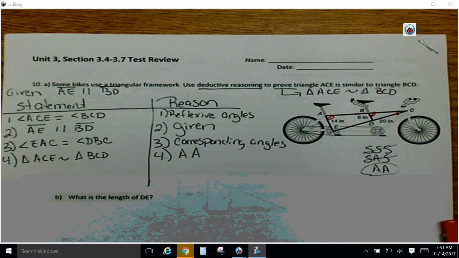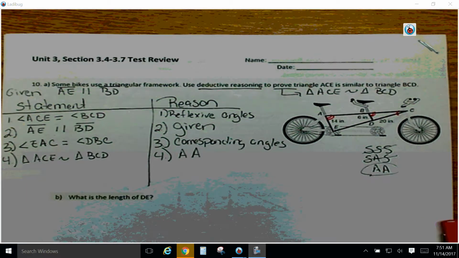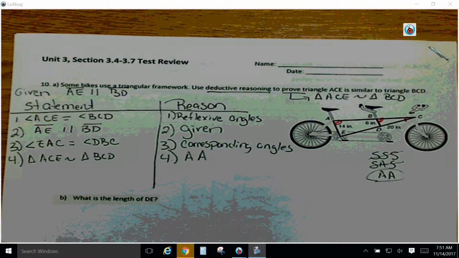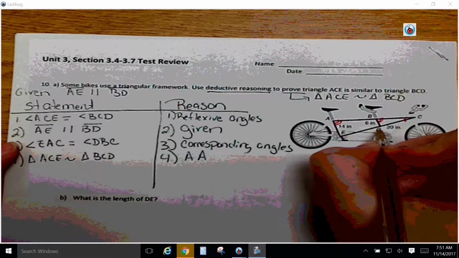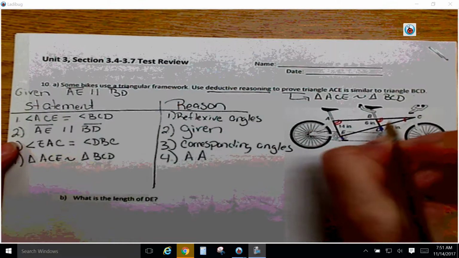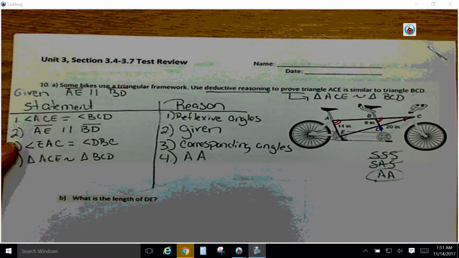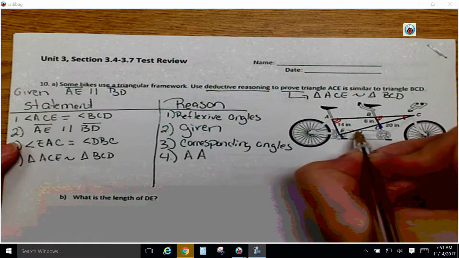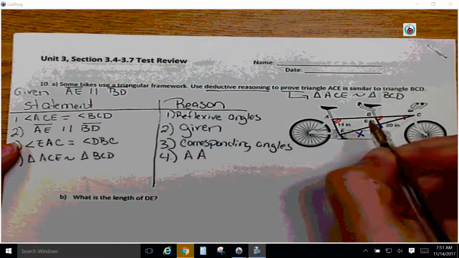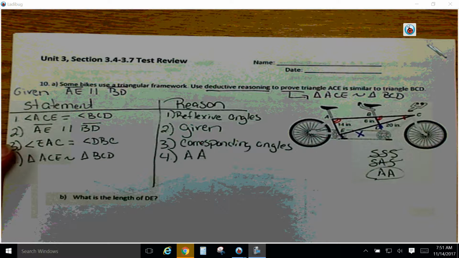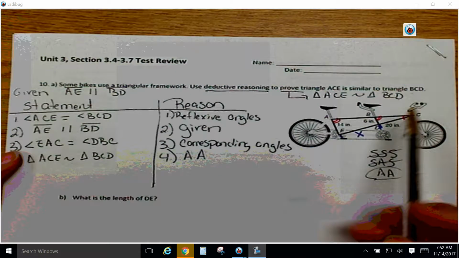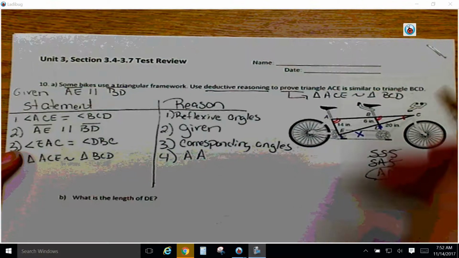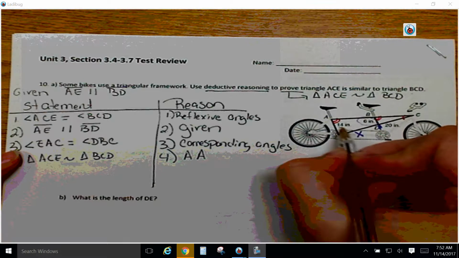All right, so there is a part B to this, and that says what is the length of DE? Okay, so DE is this portion right here. It wants to know how long that is. Well, since they are similar, I can use a proportional relationship to figure that out. So I'm going to go ahead and put an X right here because that's what I don't know. I'm going to do small to big for my ratio proportions, and I can see here that 6 goes with 14.